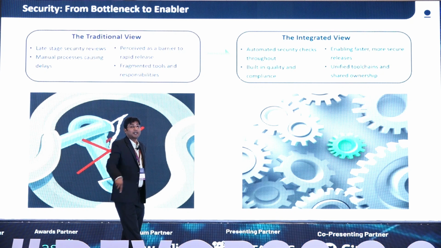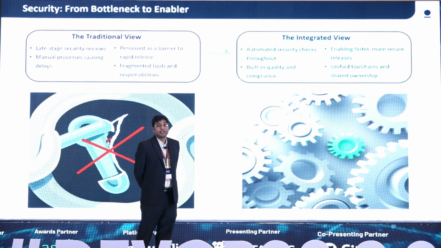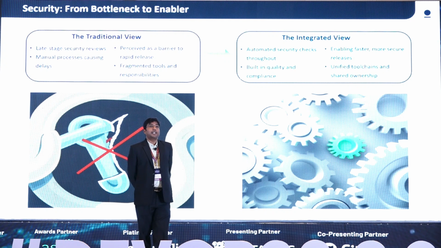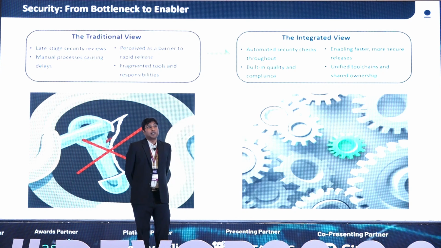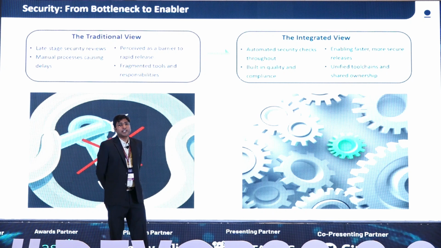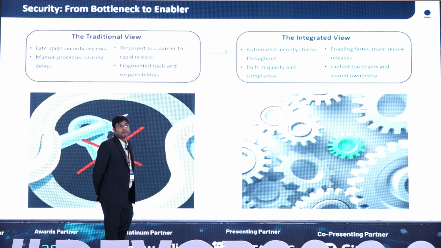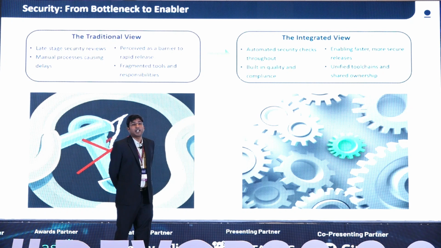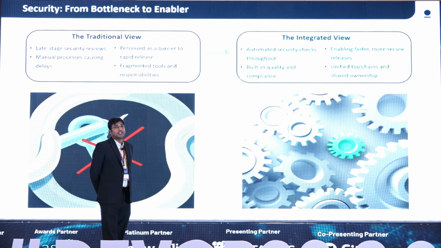But the new way is the feedback loop, a feedback cycle where we are doing things iteration by iteration every sprint. And then the integrated view provided smoother, quicker release cycles, automated security testing, different tools, simplified tool chains, right? So definitely we have come a long way from the traditional view to the integrated view, but still I think with the transformation of these new tools which we came across since morning, this is going to change the way we usually work.